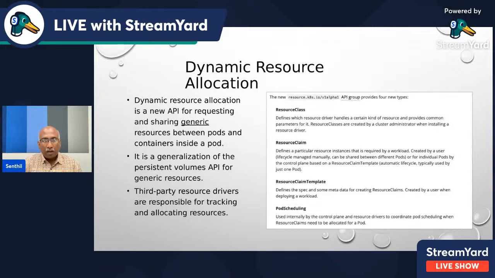So you have these three APIs which are exposed to the users. Then there is also a fourth API called pod scheduling. This is an internal API used by the control plane, especially by the scheduler as well as the resource driver itself, in order to coordinate the negotiation between the scheduler and the resource driver.